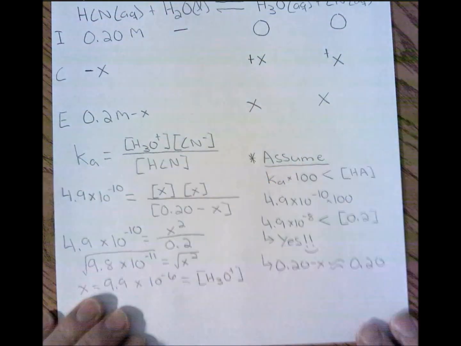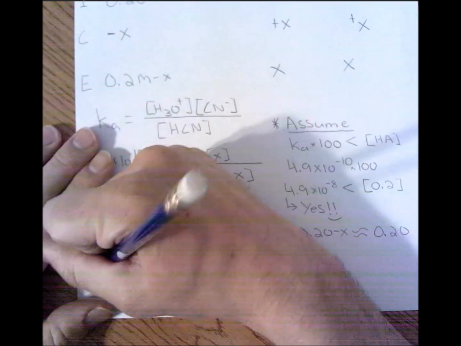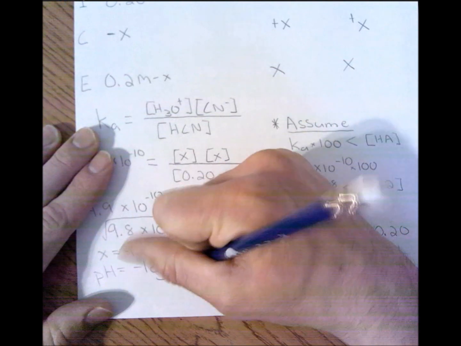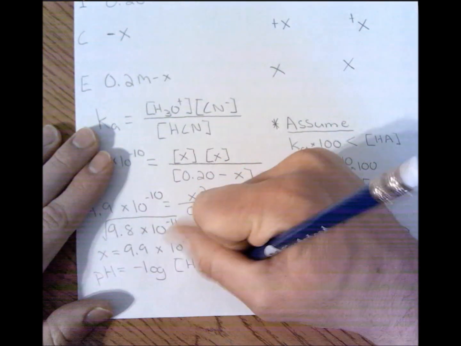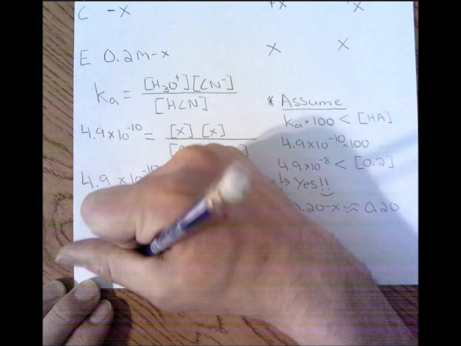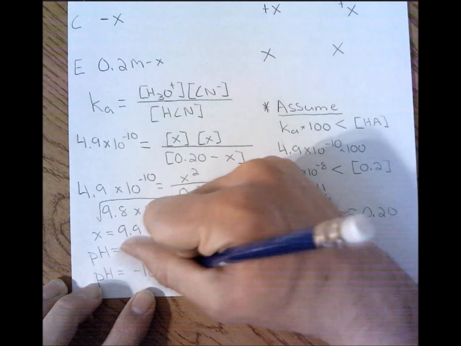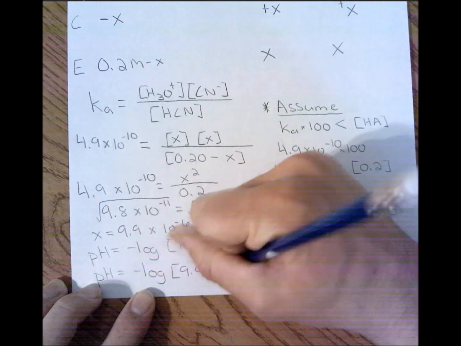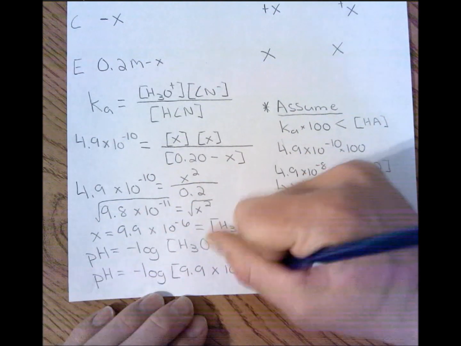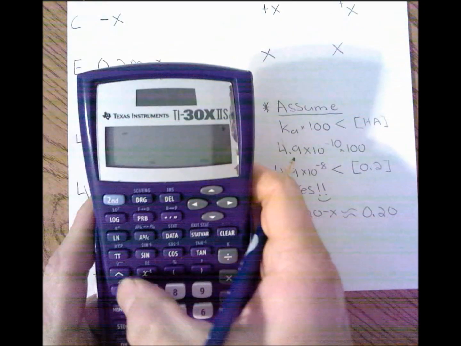Our pH is negative log of 9.9 times 10 to the negative 6. So I plug this into my calculator, press enter, and I get a perfect pH of 5.0.